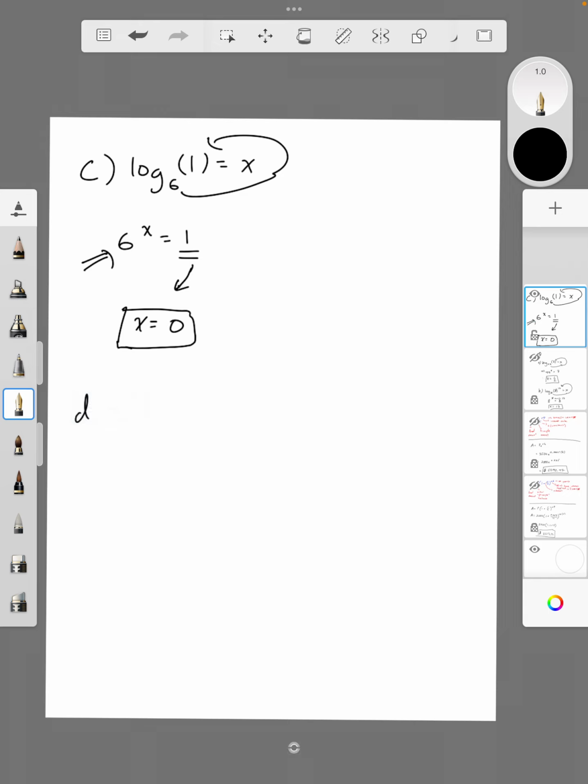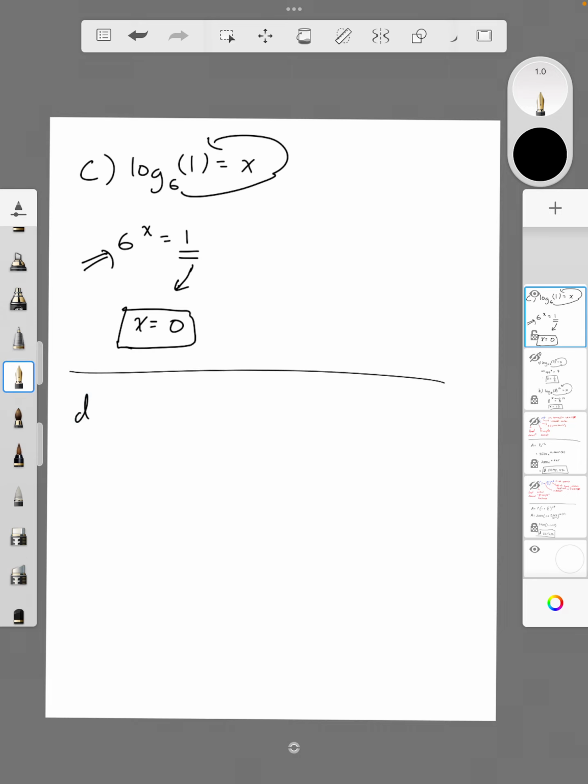And for D, what did I just do here? Okay, D, we have log base 9 of the square root of 3, is equal to x. The first thing we can do here is rewrite this square root of 3 as 3 to the 1/2 power.